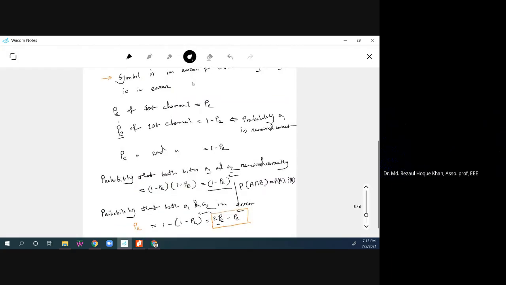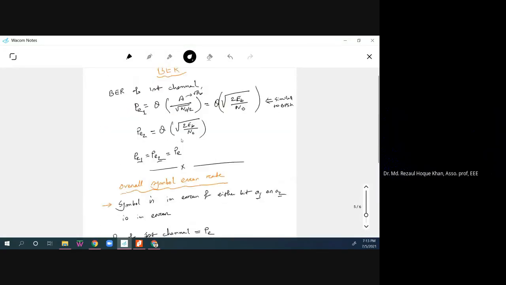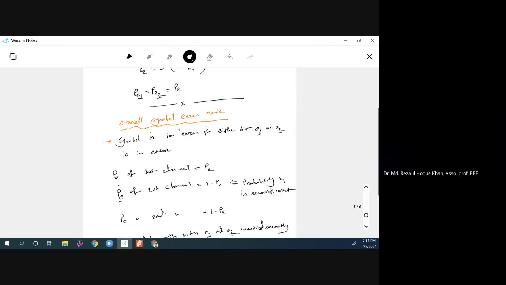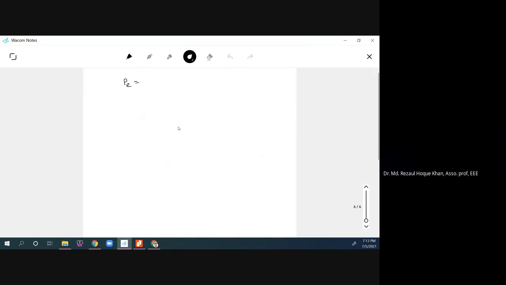We know the individual PE, so we can write twice the Q function of square root of twice EB by N0, minus Q square of square root of twice EB by N0.